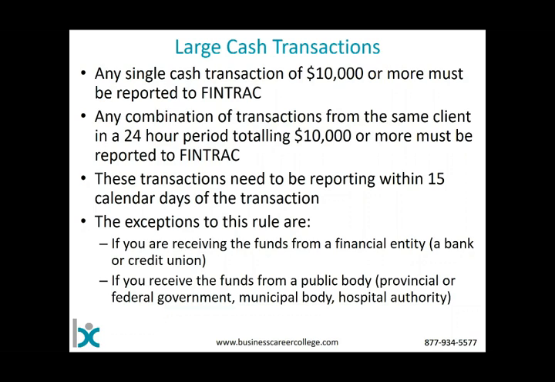So a hospital authority is the foundation that's set up to fund a hospital. So if the money comes from any of those types of entities, you would not need to report that. And the primary reason behind that is they are another reporting entity who would already have reported the source of that financial transaction.